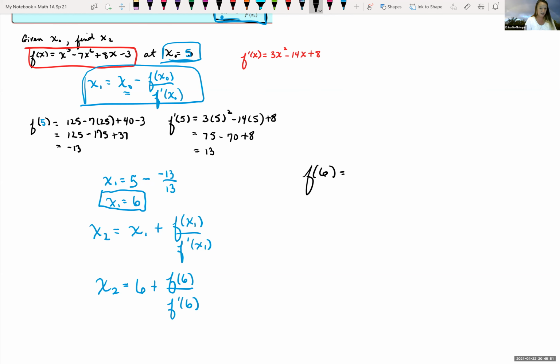So I get 6 cubed, which is 216, minus 7 times 6 squared. So 7 times 36, so minus 252, plus 6 times 8, which is 48, minus 3.